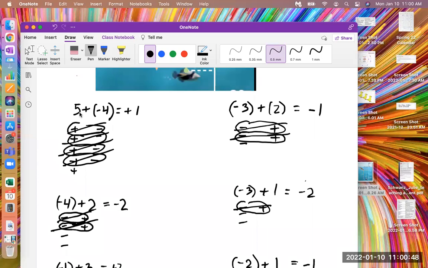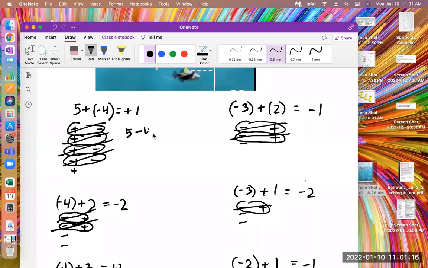So when we have 5 and -4, we're adding together, the question we really need to ask ourselves is, how many more positives do I have than negatives? So what we really end up doing is we don't look at negative or positive, and we just take the larger number in absolute value, so 5, and we subtract the smaller number, ignoring the negatives and positives.